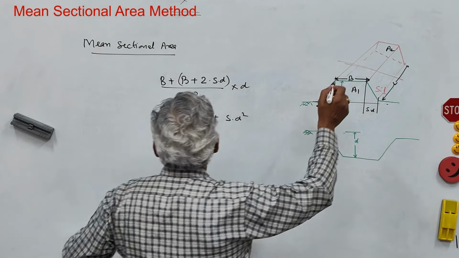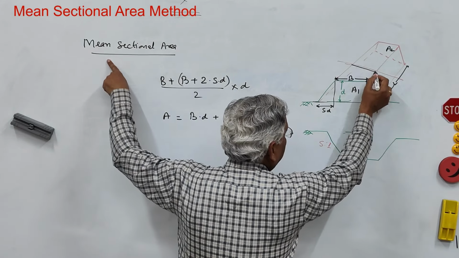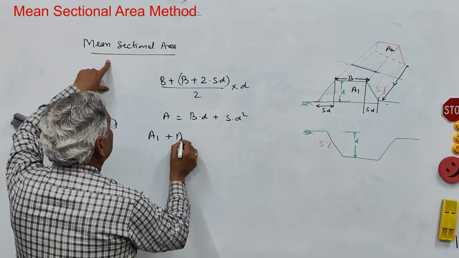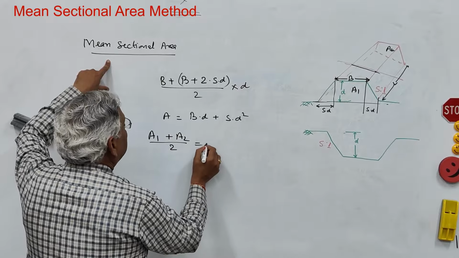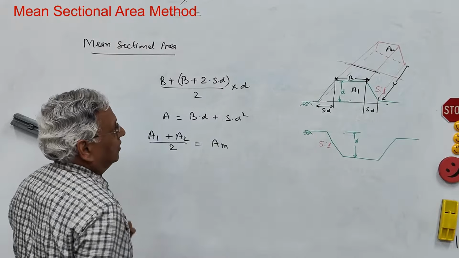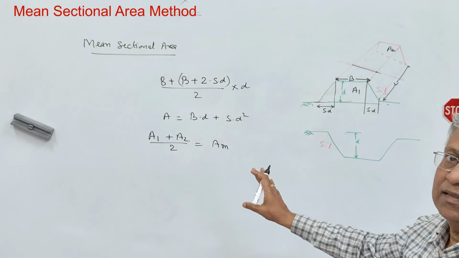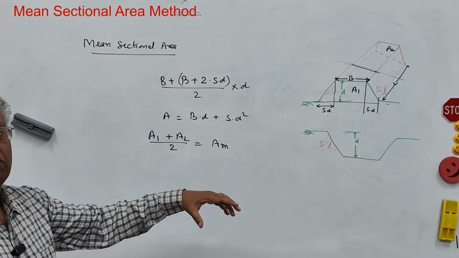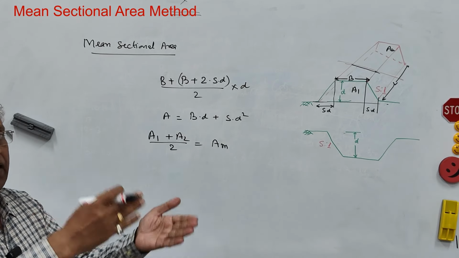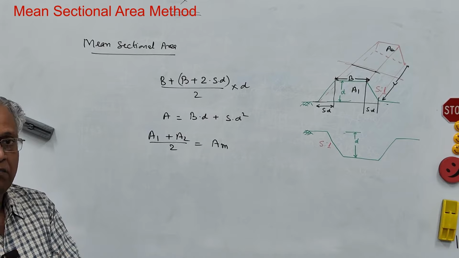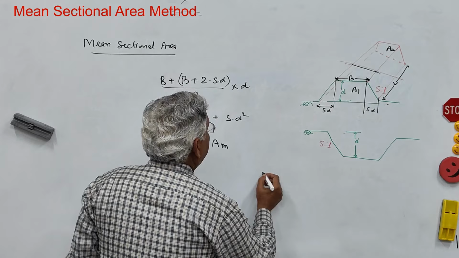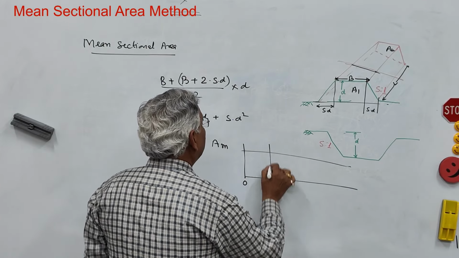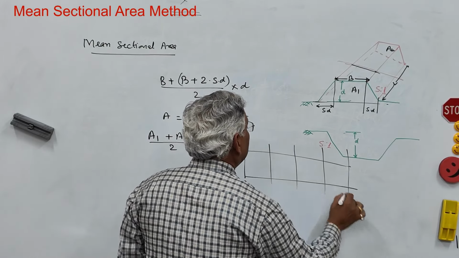Now in mean sectional area, we consider the average of these two areas. So (A1 plus A2) divided by 2 is the mean area. Average of the two areas at the two ends: if you have, let us say, a length of 100 meter or 120 meter, divide this length into chain lengths of 30 meter. So you have a profile here, starting point 0, then 30 meter, 60 meter, 90 meter, 120 meter.